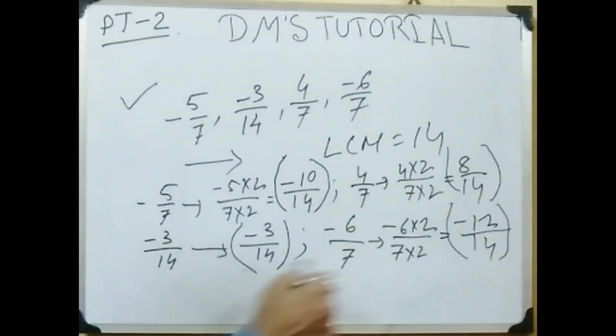In all the cases, the denominators are the same, so it is easy to compare with their numerators. Which numerator is lowest?